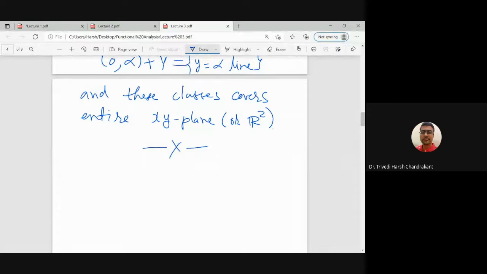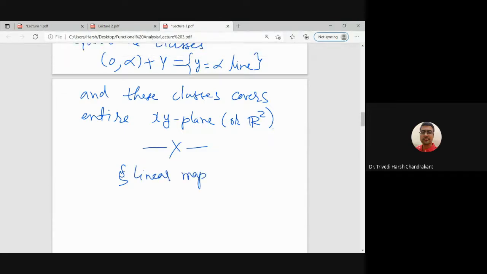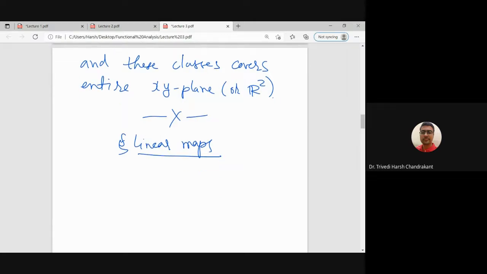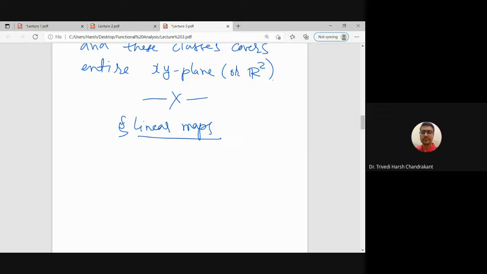Okay, then let us start a new topic, that is linear maps. So we have discussed some examples of vector spaces. Now we want to study certain linear maps.